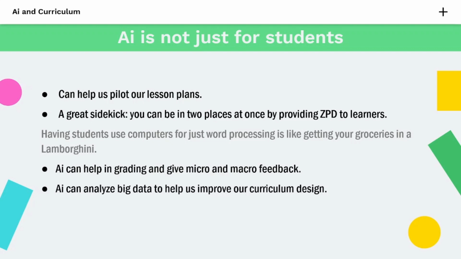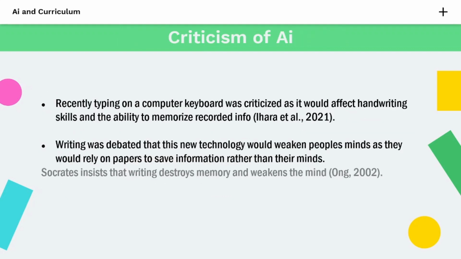So why can't we do that for our curriculum design? We can have the AI take these state standards and our design of the curriculum, and compare that to the statewide curriculum design for everyone.